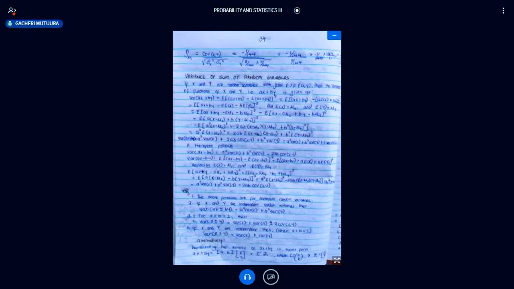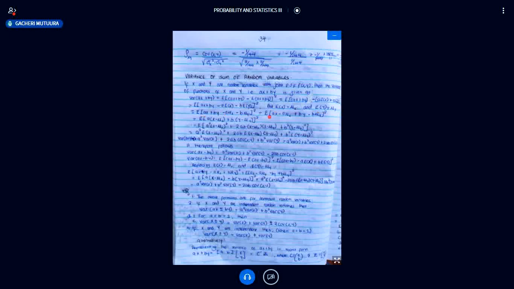Haya, kutoka hapo sasa hapa tu tumefanya expand because it's a squared term. First of all, you put the like terms together. So we have the terms with a, the terms with b. Na tuka substitute for e of x ni mu of x na e of y ni mu of y. So sa hapa tutaweka ax na a mu x pamoja, tuweke by na b mu y pamoja because they both have b.